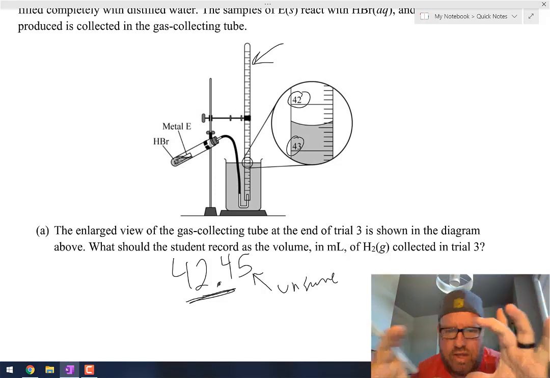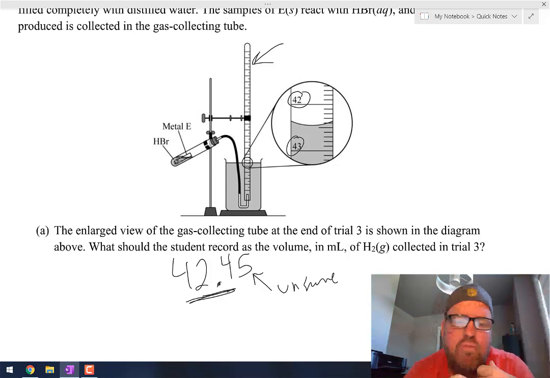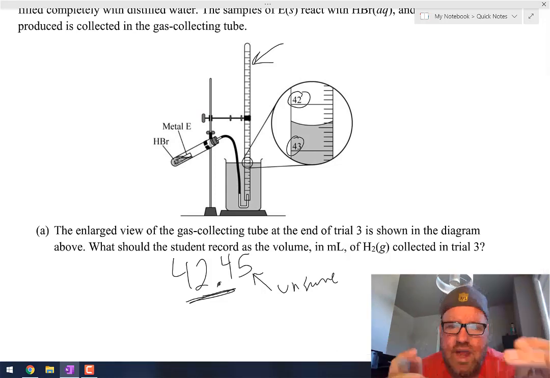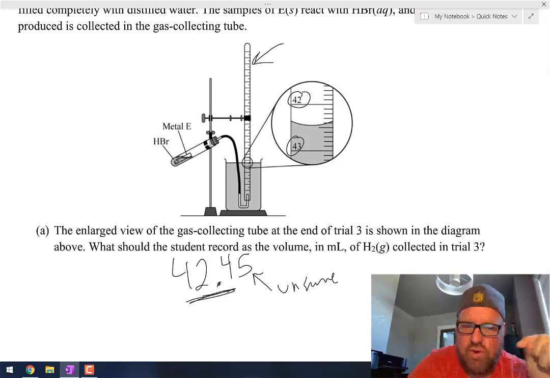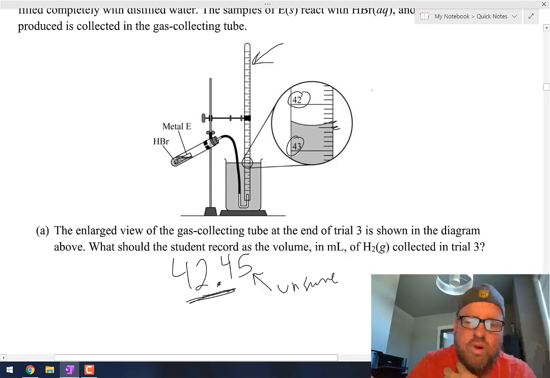Now, I haven't looked at the answer sheet, but I'm sure that they accepted any answer between probably 42.42 and 42.49. Anything in there they would have accepted. But I either go right into the middle, 42.45, or if it was really close to one line or the other, I would say 42.50 or 42.40.